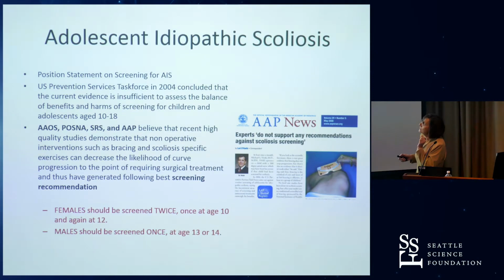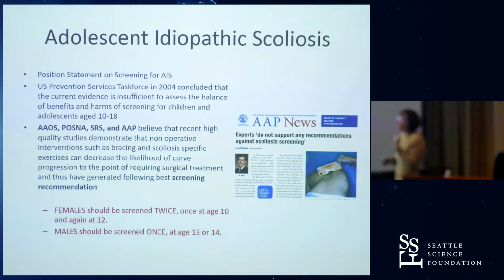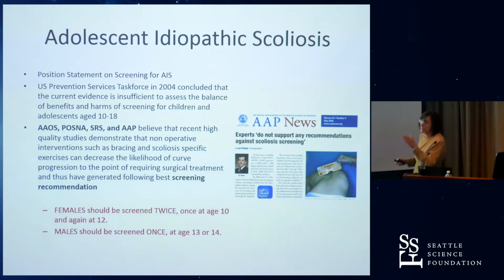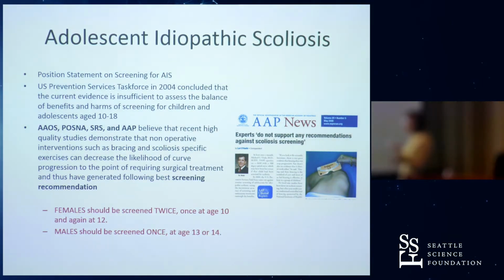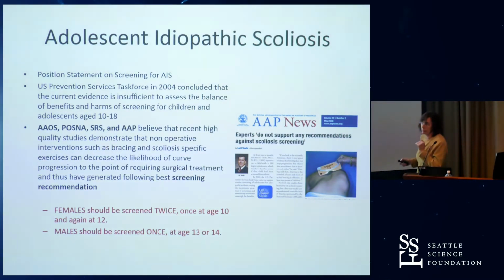That said, the AAOS, POSNA, Scoliosis Research Society, and AAP believe that there are recent high-quality studies that demonstrate that we do have some non-operative interventions, bracing in specific, and we'll review that data, likely some scoliosis-specific exercises, that we think have the potential to impact the natural history of scoliosis, and because of that, we think screening makes sense.